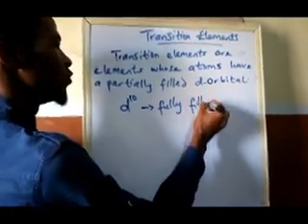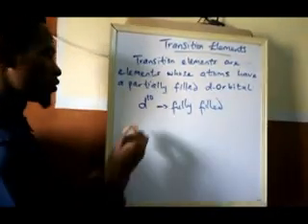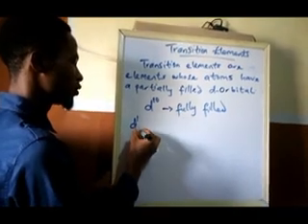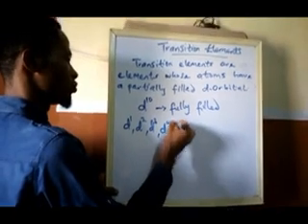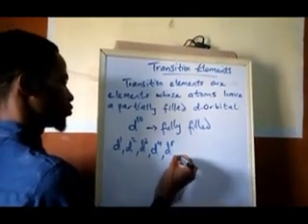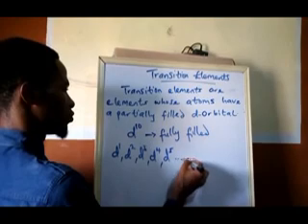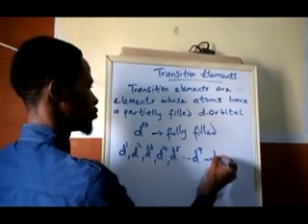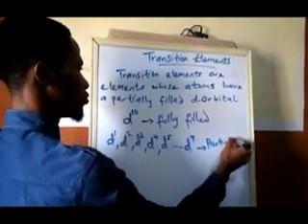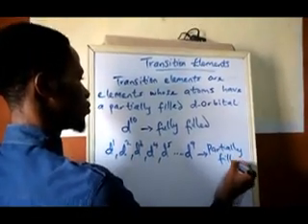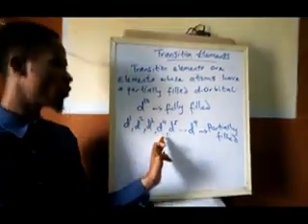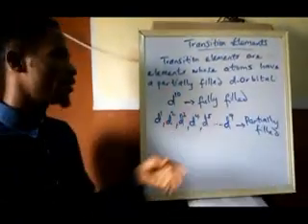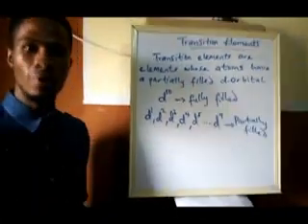This is called fully filled. Now, if we have D1, D2, D3, D4, D5, D7 to 9, they are partially filled.